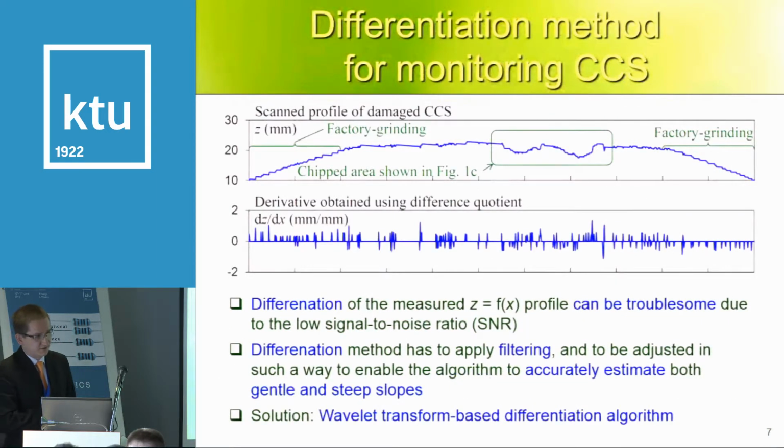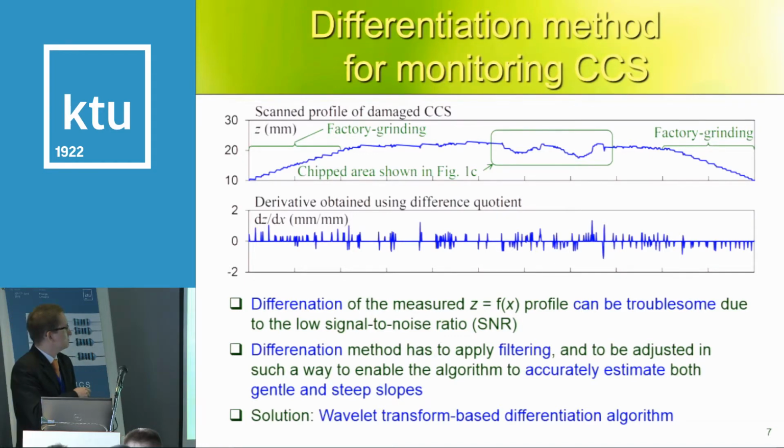But some problems may occur because differentiation of the measured profile can be troublesome due to the low signal-to-noise ratio. It can be observed here, where we have the result of the derivative obtained using difference quotients.